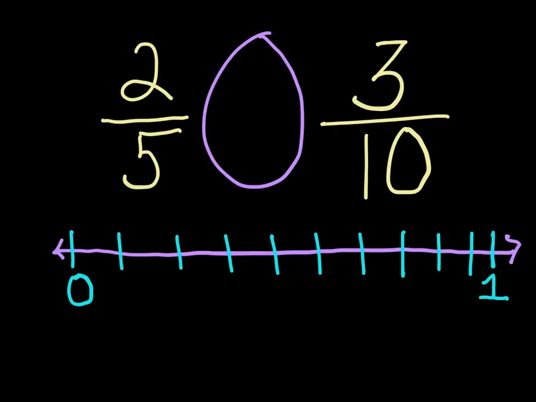Next one, 2/5 is greater than, less than, or equal to 3/10. Well, if I place 3/10 on our number line, it's right about there. Now 2/5, I can get rid of this denominator and make it like this one because they have a connection.